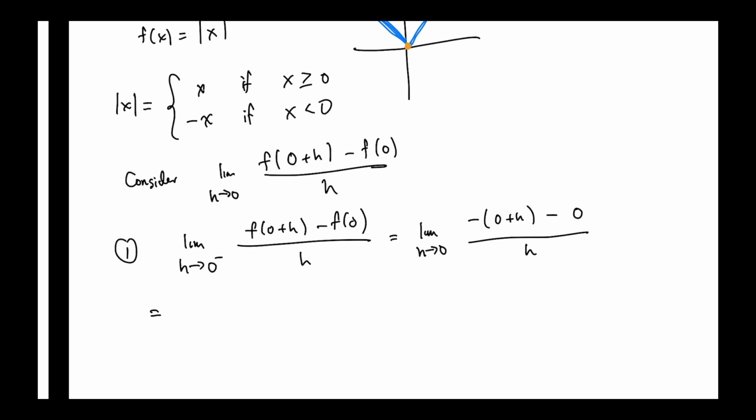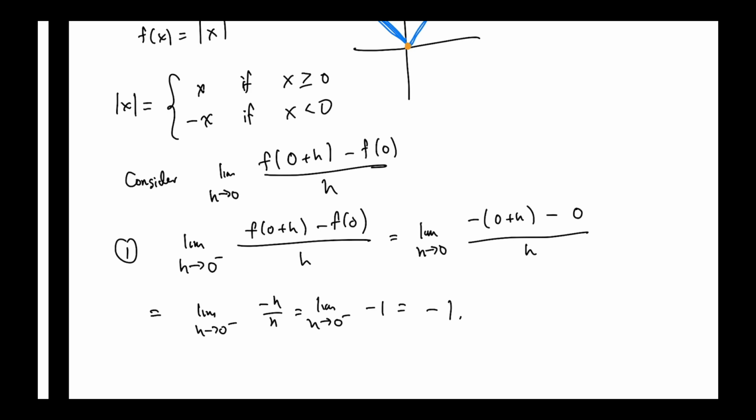Okay, so now we just carry through, and in this case, what do we get? Negative h over h. And so we're taking the limit of -1, right, because the h's cancel, and that's -1.